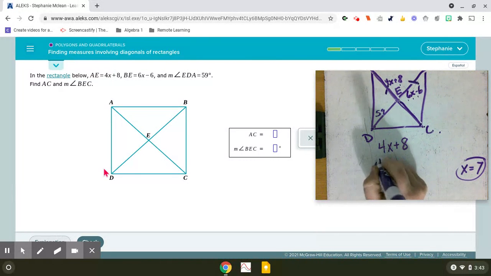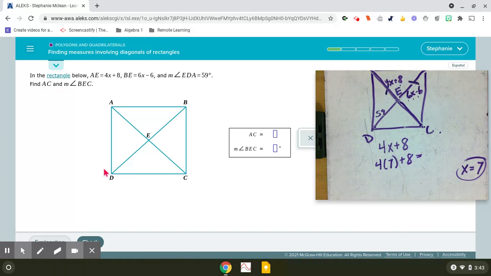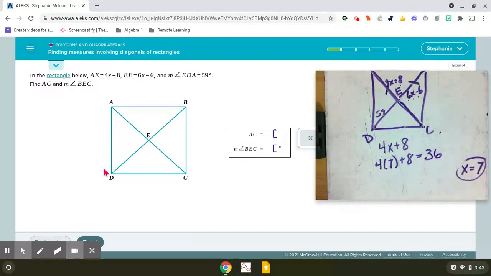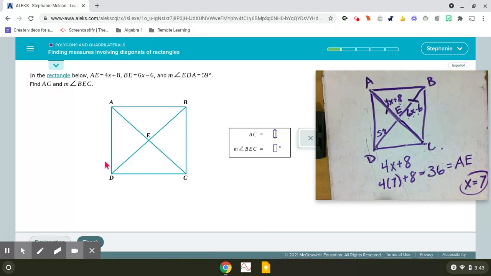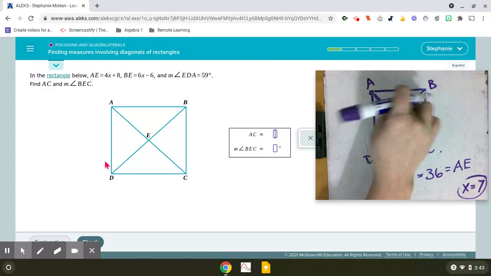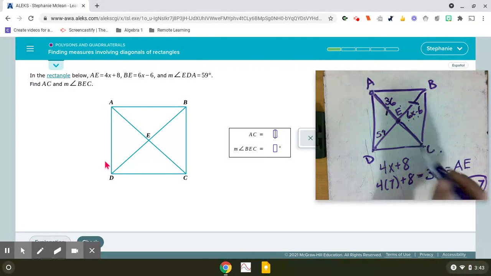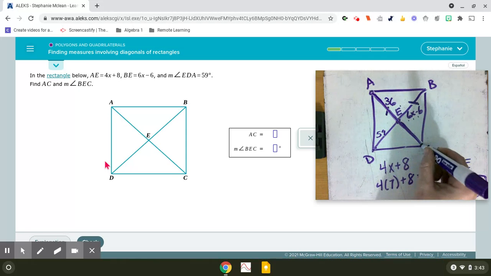So I have 4 times 7 plus 8. 4 times 7 is 28, plus 8 is 36. So AE equals 36. AE is this length here. They didn't ask us for AE. They asked us for AC. AC is the entire length there.